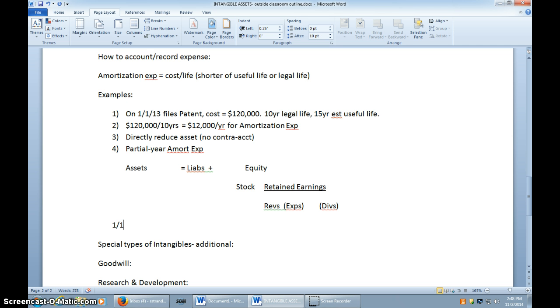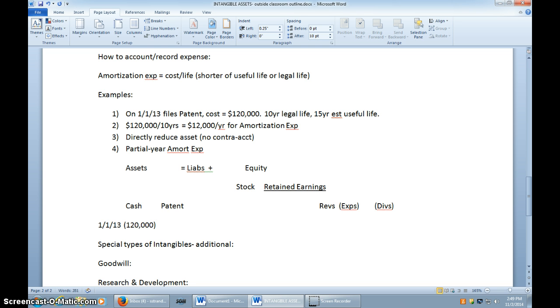Okay, on 1/1/13, we've got a transaction to account for. We have purchased a patent, so we are going to reduce cash by $120,000.